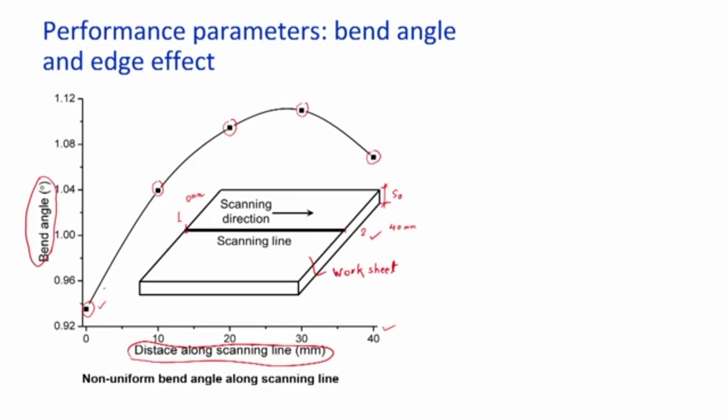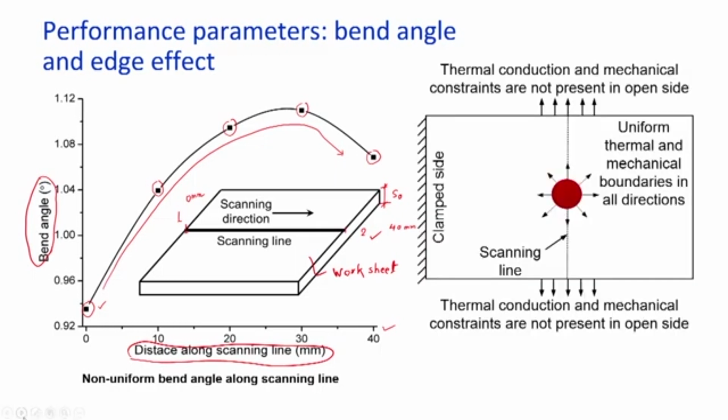So, the uniform bending was not observed. We were expecting either 0.93 uniformly along the scan line or whatever the value, but it has to be uniform, but that is not observed. And what are the reasons for that?